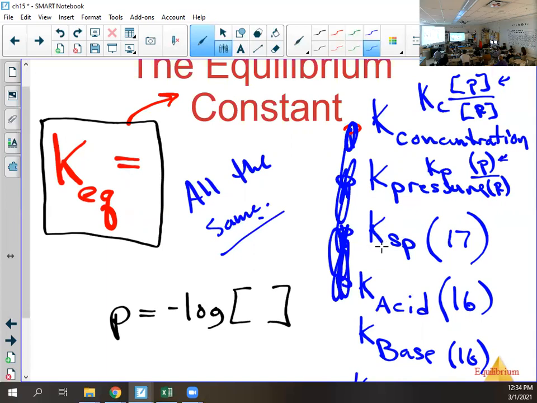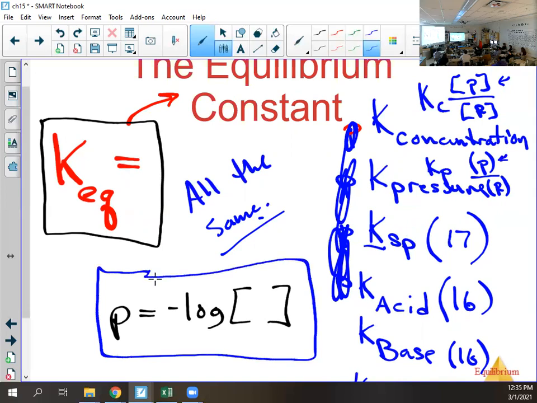Ksp, that's a specific measurement of K, or a constant, where we compare the products of something dissolving. And we do it for acids, we do it for bases, we can do it for water. They're all the same thing. Now, I don't know why I threw this in when I did, but every single one of these also has a P: pKa, pKb, pKc.